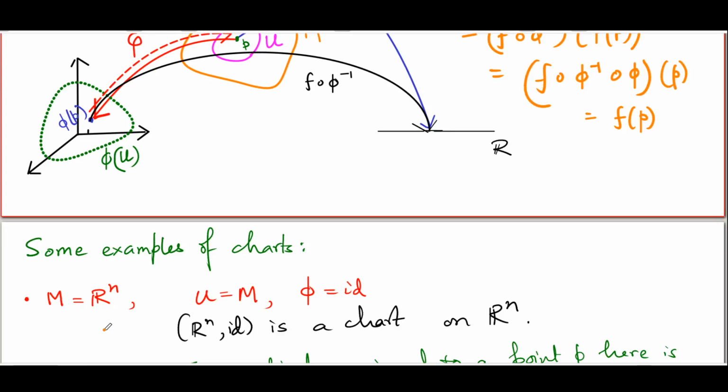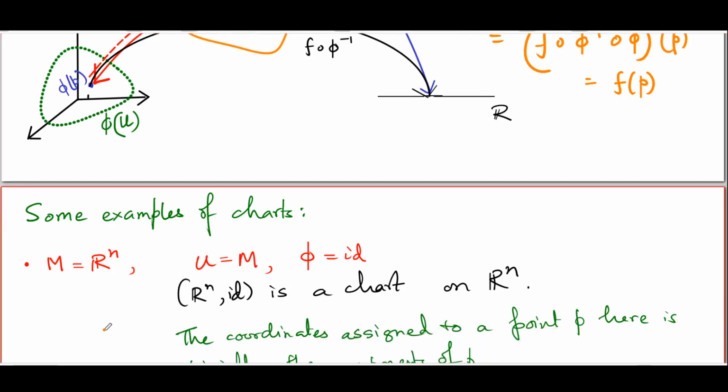In this case, it should be pretty obvious that we can take the chart (U, phi) to have a domain U which is the entire set M, that is Rn itself, and phi can just be the identity map, which will map the n real numbers which form a point on M to exactly the same n real numbers. So (Rn, id) is a chart on Rn.